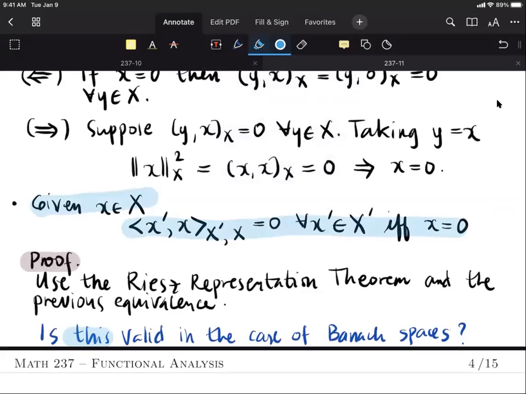So if the value at a given point of the Banach space is 0 for any element in the dual space, does this imply that x, the given vector x, is also 0? The answer is yes.